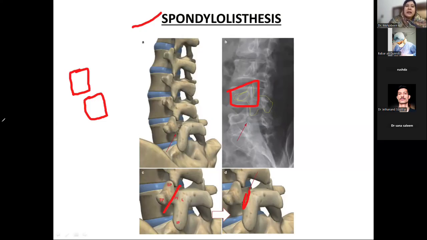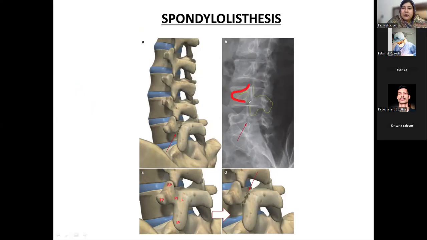Now, how is it identified? It is identified on the lateral or oblique X-ray of the lumbosacral spine. There is an appearance of a dog, known as the Scotty dog appearance.